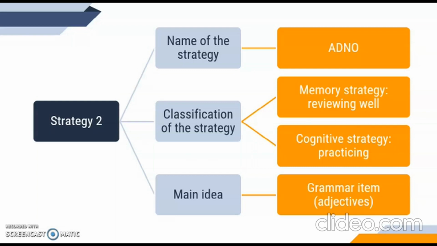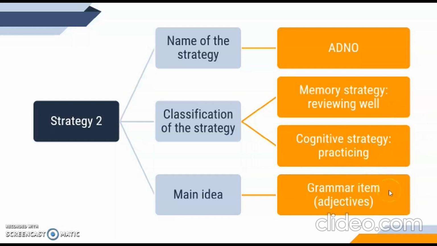Okay, so the main idea in this second strategy is based on grammar item, in which we are trying to focus on the adjectives. There are 2 types of adjectives that we are going to highlight in this second strategy, which are comparatives and superlatives.